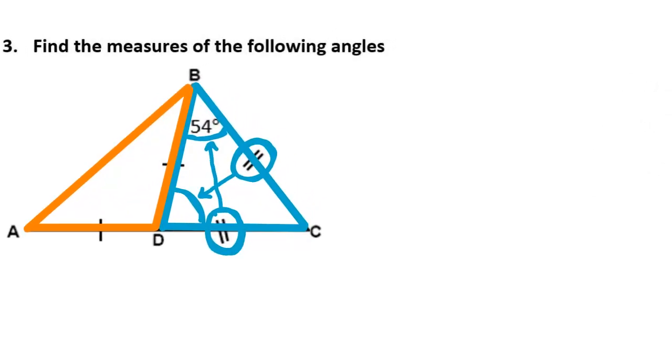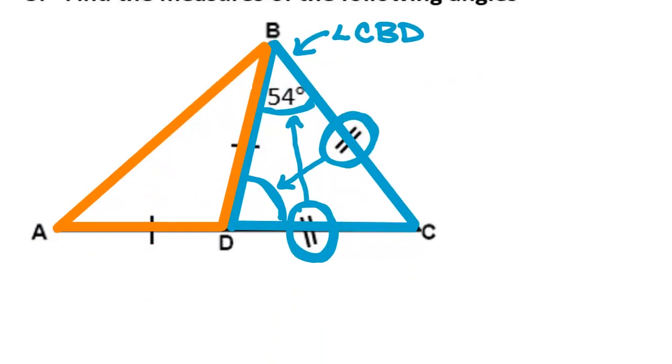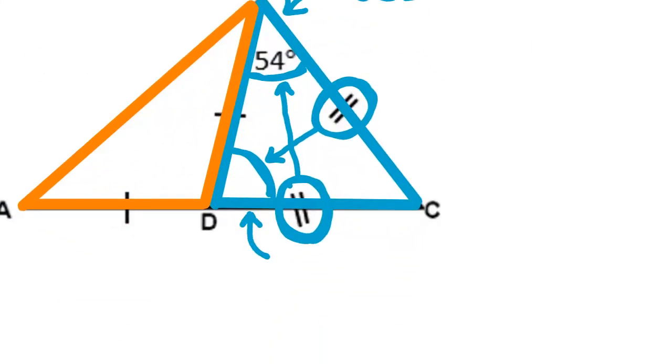So the one up at the top, the one that you called angle B, that would be angle CBD. What would we call the angle down at the bottom that we said was our other congruent angle? BDC.